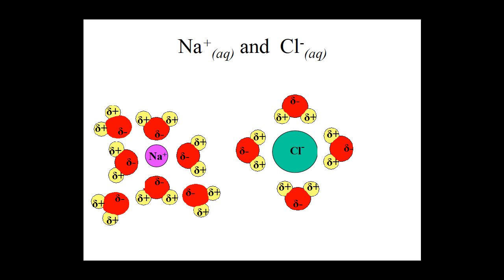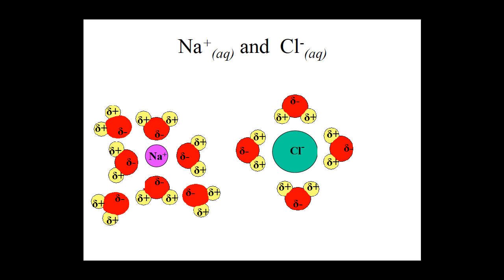Notice that the chloride and the sodium would love to be together, but in this case, they are more attracted to the water than they are to each other. That's the difference. Not all ionic compounds will be attracted to the water. Some will remain more attracted to each other.